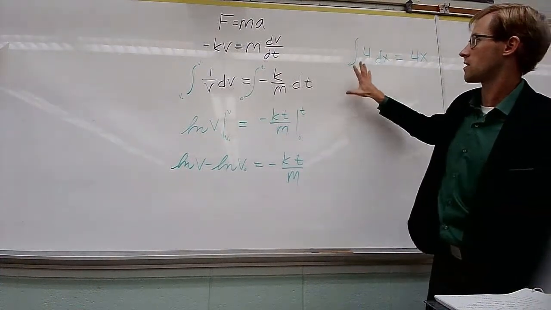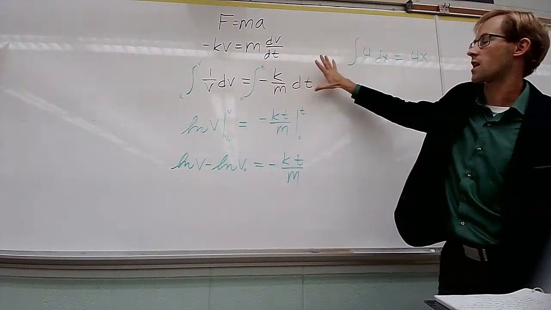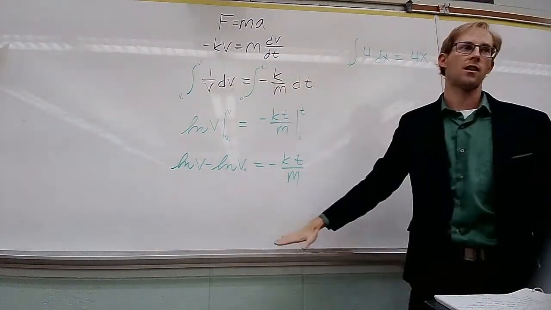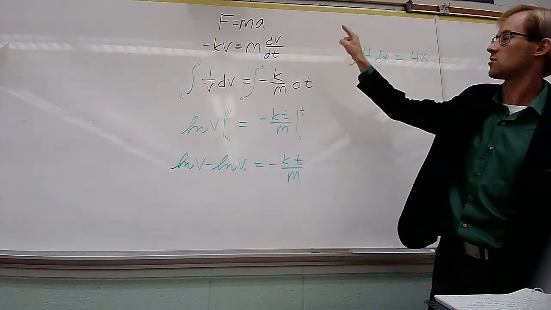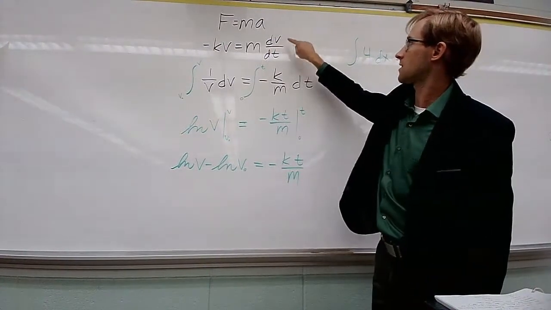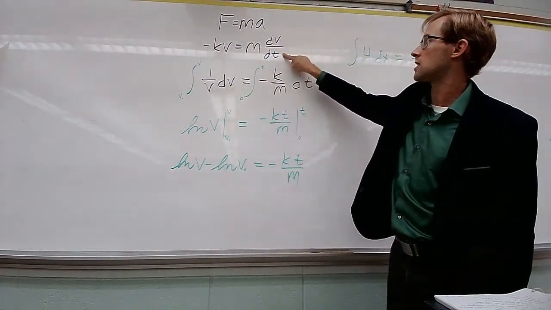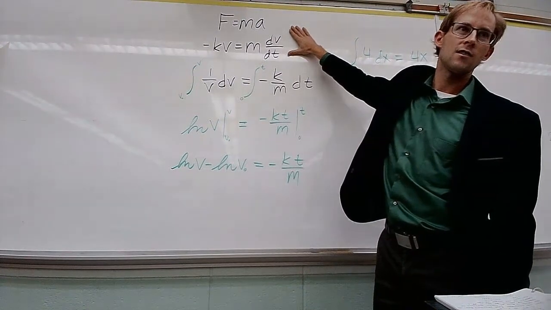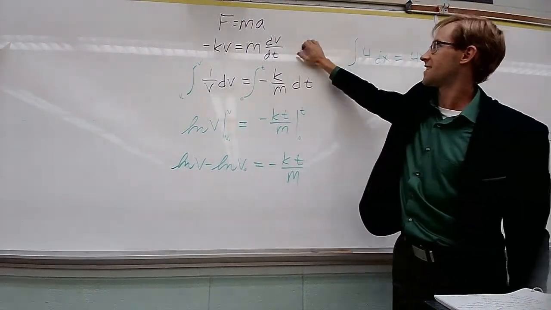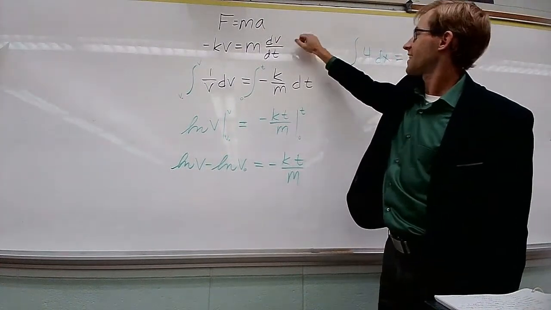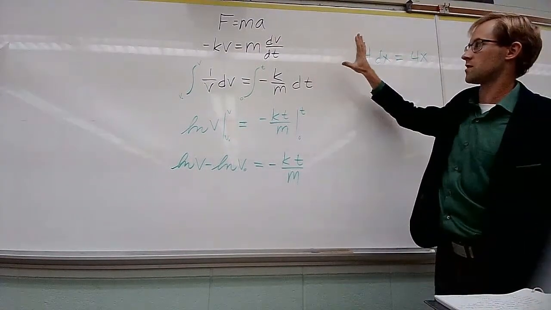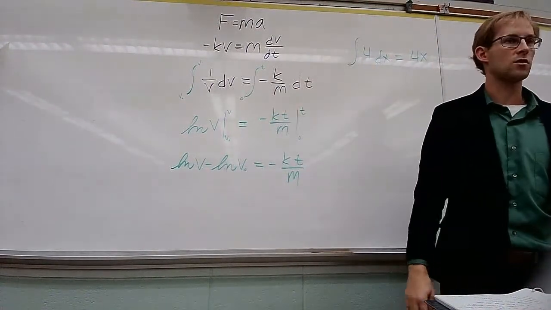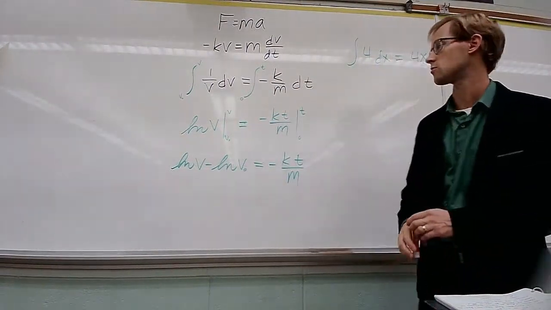Most of the points are up here. If you set it up right, they don't have a lot of points for the actual mathematical part. The physics is just setting it up, realizing that your acceleration is dv over dt. This is probably half the points, just right here. Setting up these problems is more important for physics than the actual math part of solving them, in terms of point distribution.